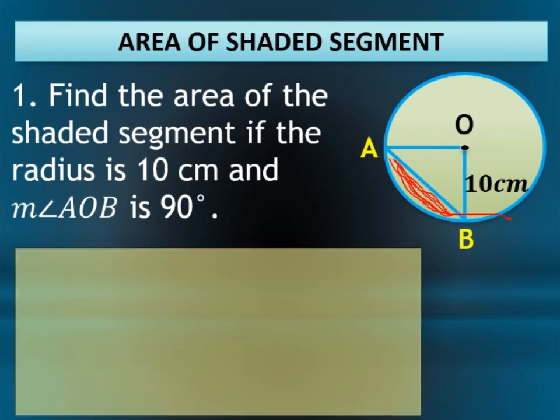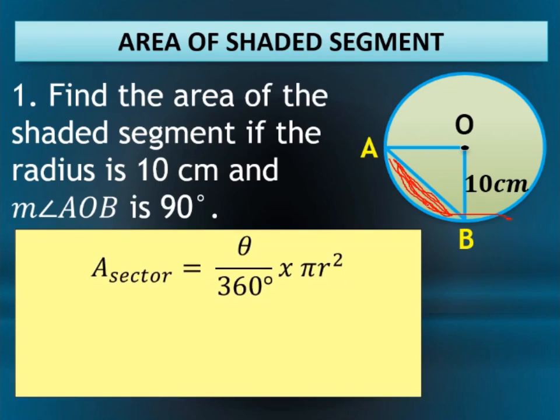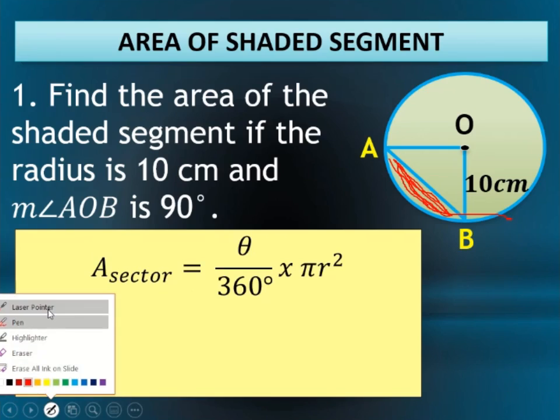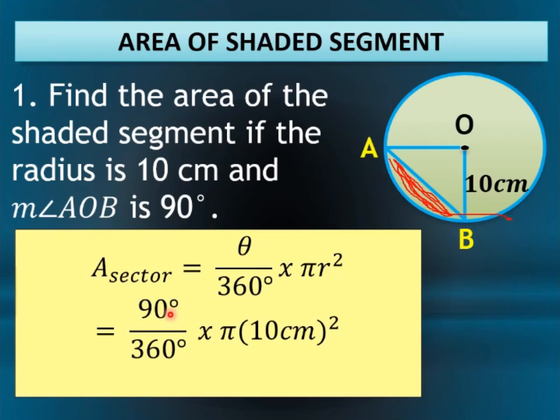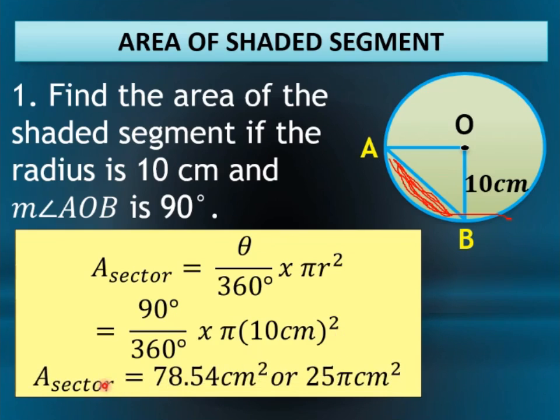To find this, we find first the area of the sector, given by theta over 360 degrees multiplied by pi r squared. By substitution, we have 90 degrees over 360 degrees multiplied by pi times the length of the radius, which is 10 centimeters, and then get the square. Simplifying this, the area of the sector will be 78.54 square centimeters or 25 pi square centimeters.